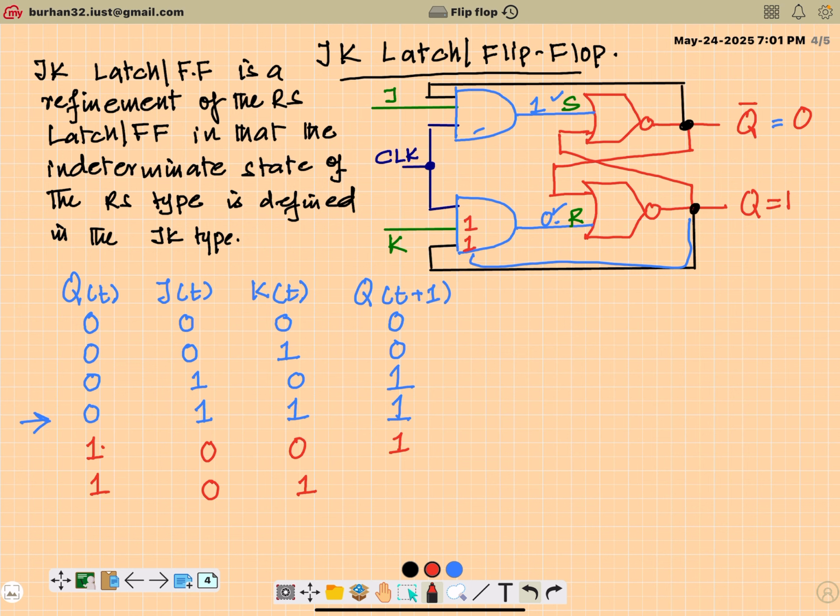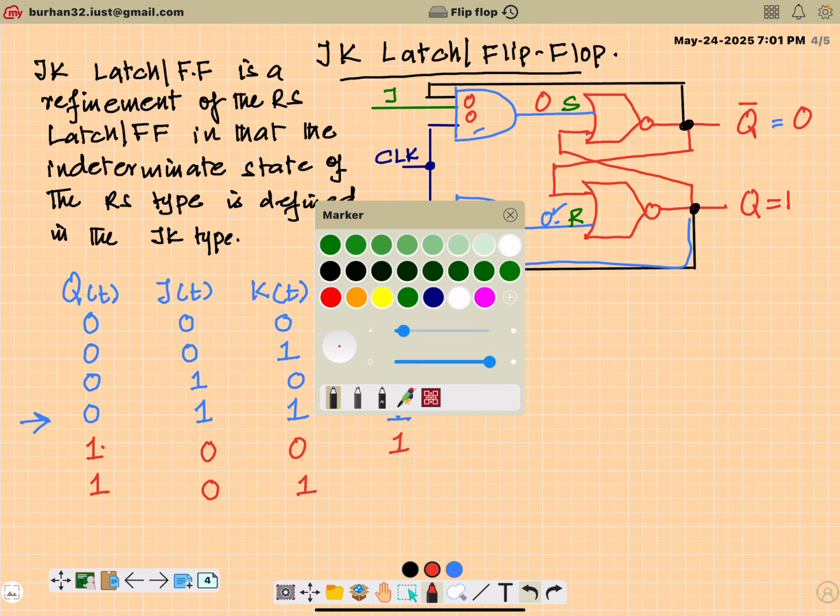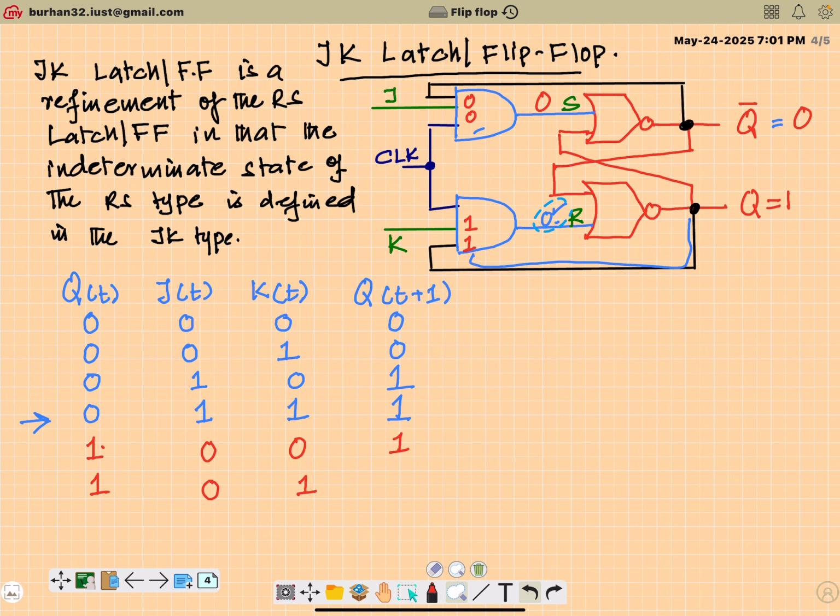K is 1. This is 0. J is 0. So the upper AND gate will have 0. But the lower one, as the clock edge goes high, will have 1. So in the basic latch, S equal to 0, R equal to 1 corresponds to a reset state, and for the reset state, the output is 0.